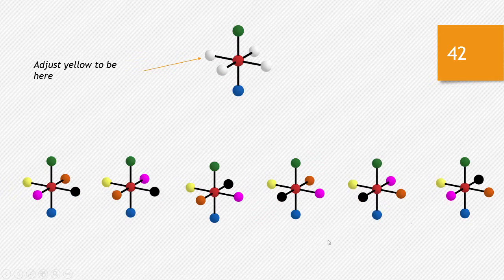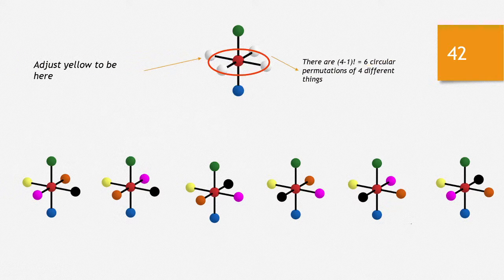So in the first kind we will have 6 molecules. And one more thing, if you don't want to count and you know about circular permutations, this is like asking in how many different ways can you circularly permute 4 different things. That would be 4 minus 1 factorial, which is 3 factorial, and that is 6.